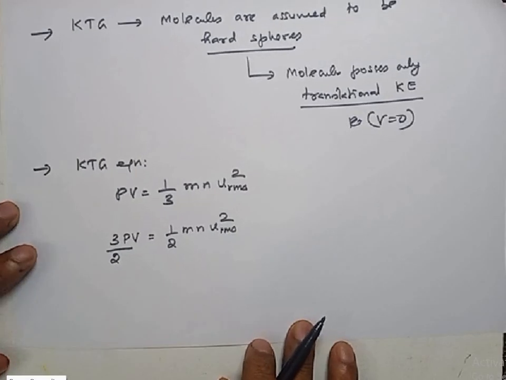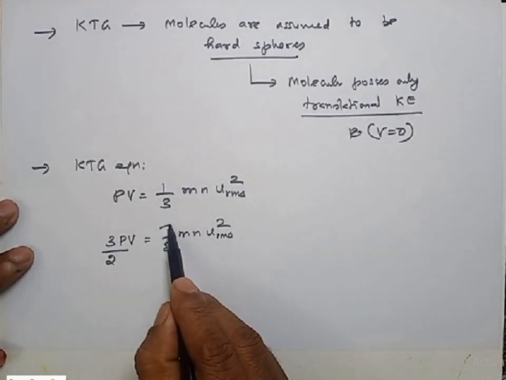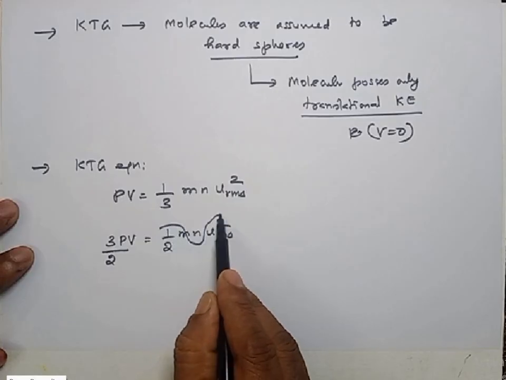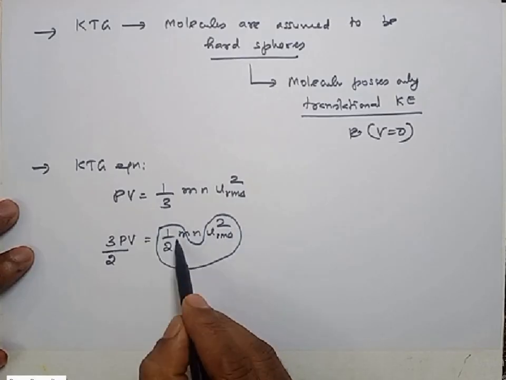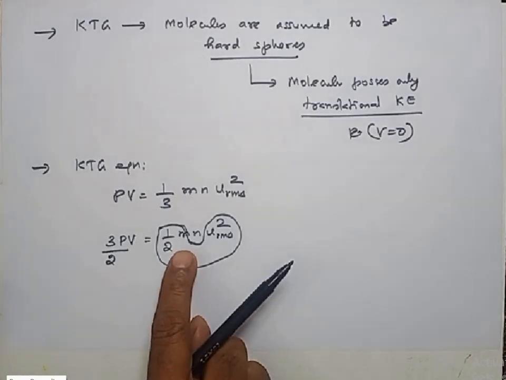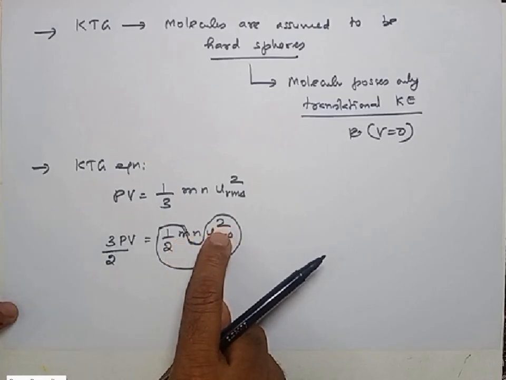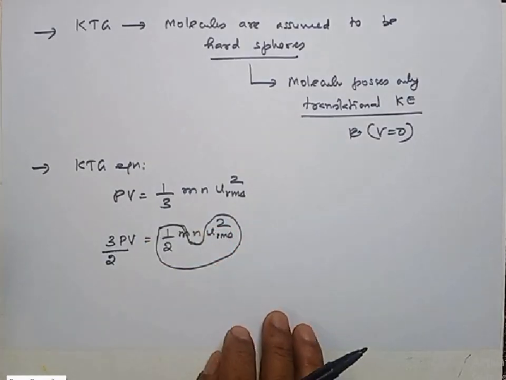Now listen. Half M U RMS square, what is this quantity called? Half M U square, anyone? Kinetic energy, sir. M is the mass of 1 molecule and this is the square of the velocity. That is average kinetic energy, correct?